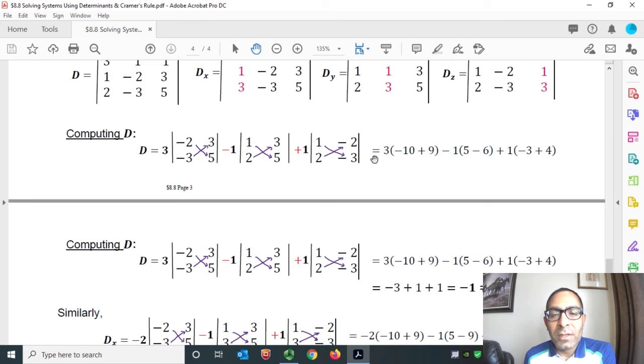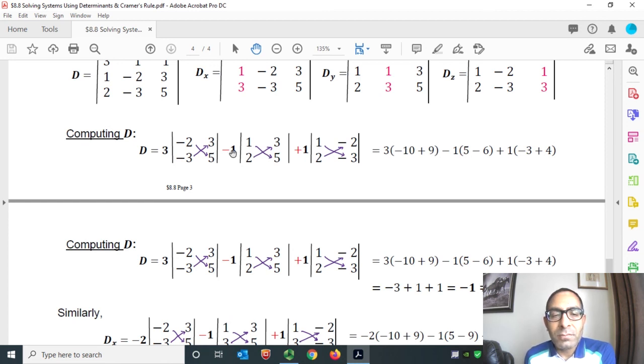So 3 as it is, then we multiply diagonally: -2 times 5 is -10, and then minus from the formula, we multiply the other diagonal entries: -3 times 3 is -9. So the -9 times the minus from the formula gives us +9, which is here.